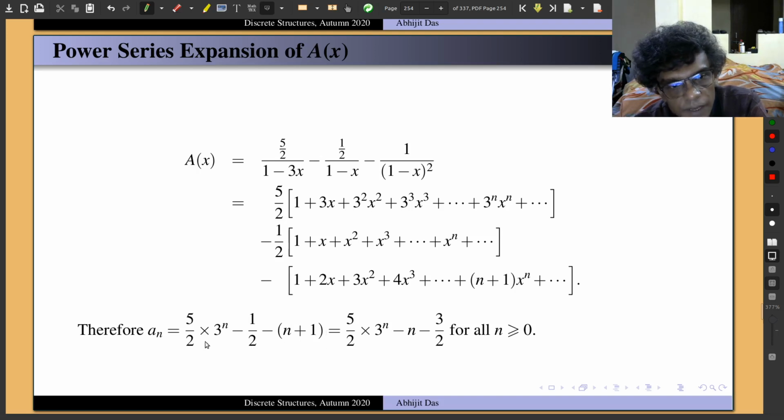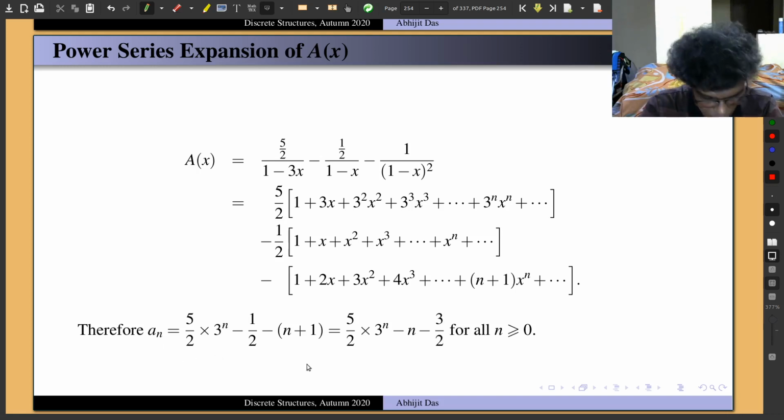And if I simplify this a little bit, this turns out to be 5 by 2 times 3 power n minus n minus 3 by 2, and this formula is valid for all n greater than or equal to 0. In particular, you can put n equal to 0. This will be 5 by 2. This will not be there. 5 by 2 minus 3 by 2, which is 1. So a0 is 1. You can check.